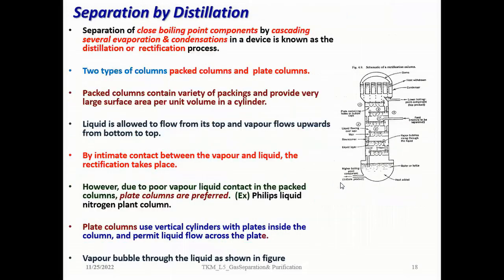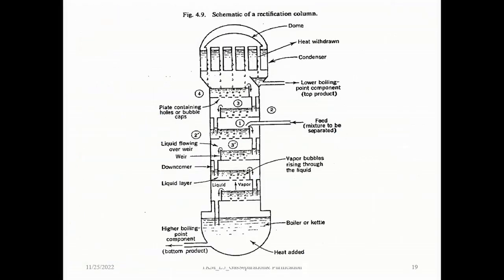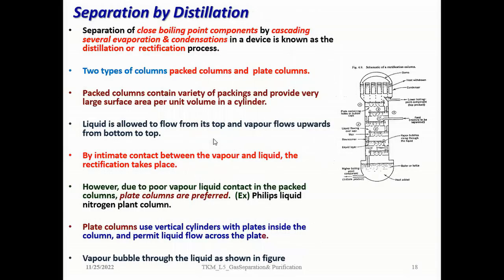Now we'll explain more details about the distillation column, but let's first see what a distillation column is. In a distillation column, there are a number of trays, a number of plates with holes, so that the vapor can interact very well with the liquid. There are two types of columns: a packed column or a plate column.